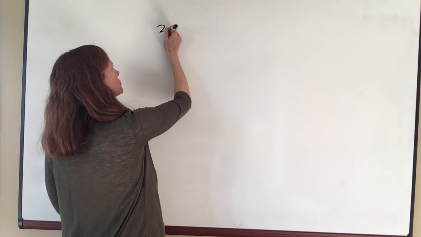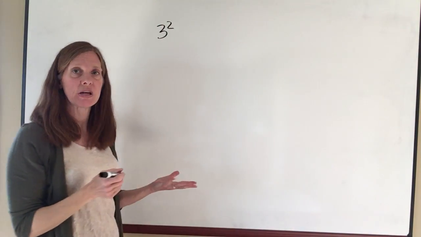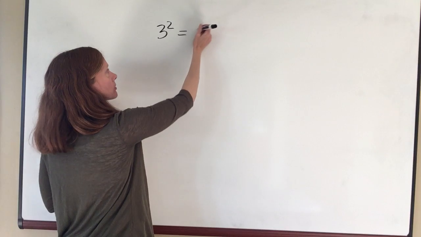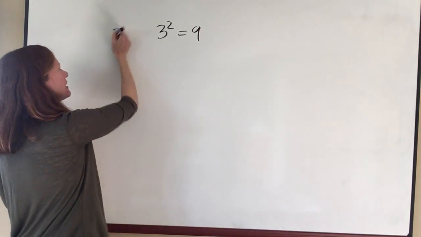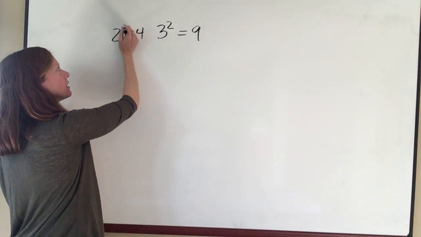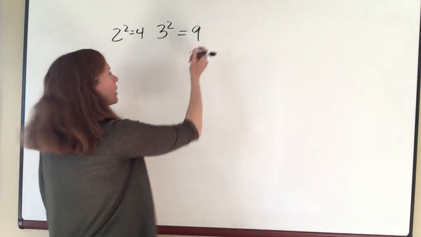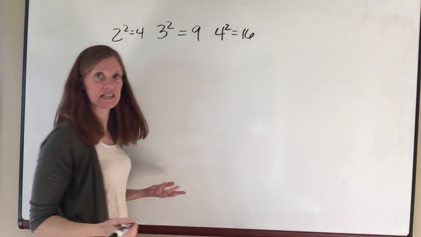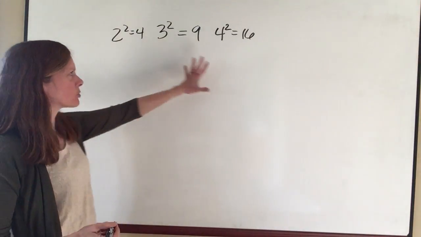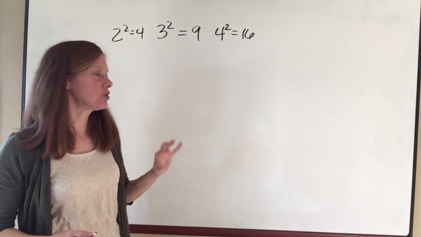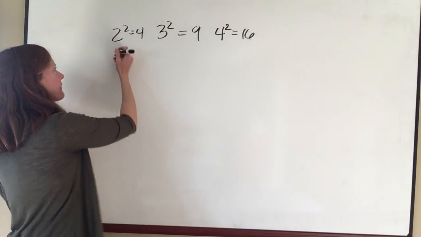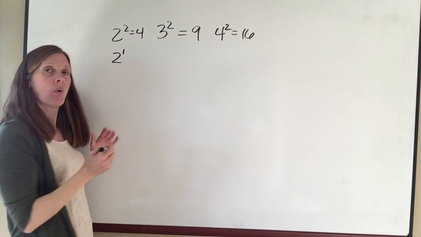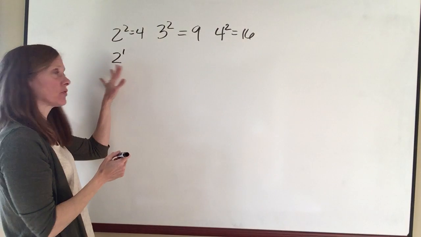Most of the time, if we do something like 3 squared, most students are going to know, oh yeah, that's 9. They know a 2 squared is equal to 4. They know a 4 squared is equal to 16, okay? So squaring something doesn't seem to normally be too difficult. If I have a first power, what that means is that it's just whatever this thing is.